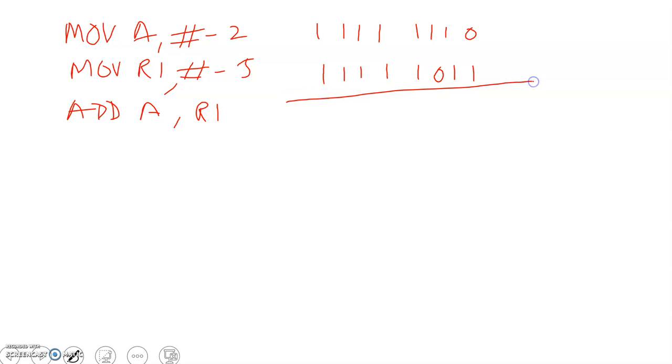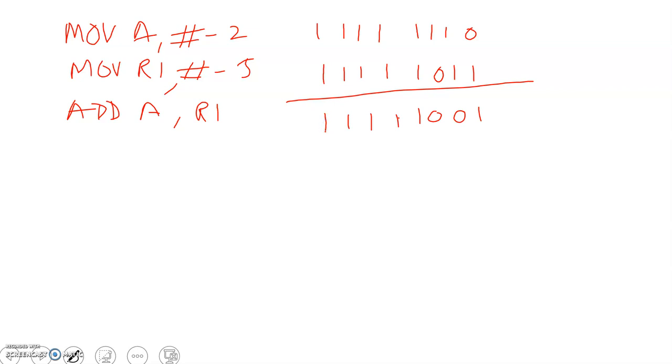So if I add these two, what do I get? I will get 0 plus 1 is 1, then 0 0 1 1 1 1, and again 1.